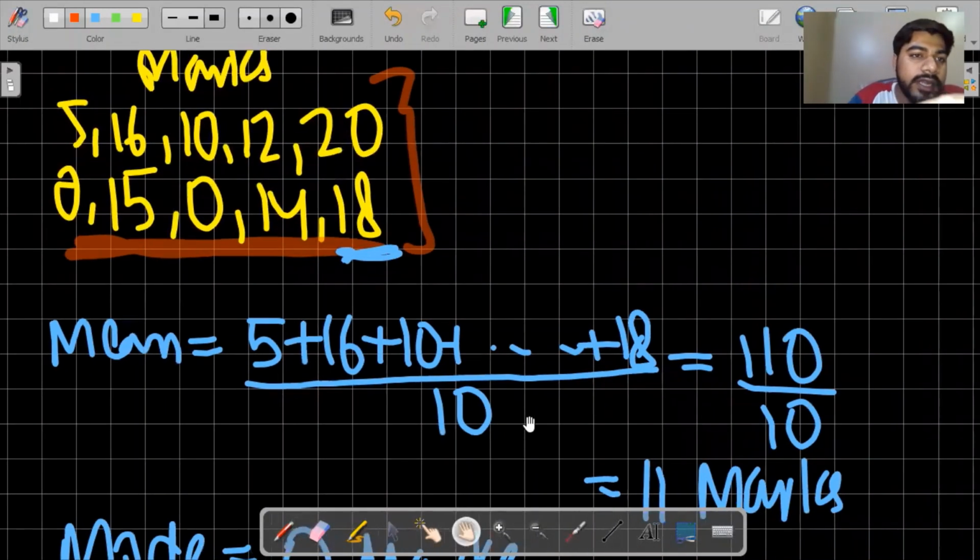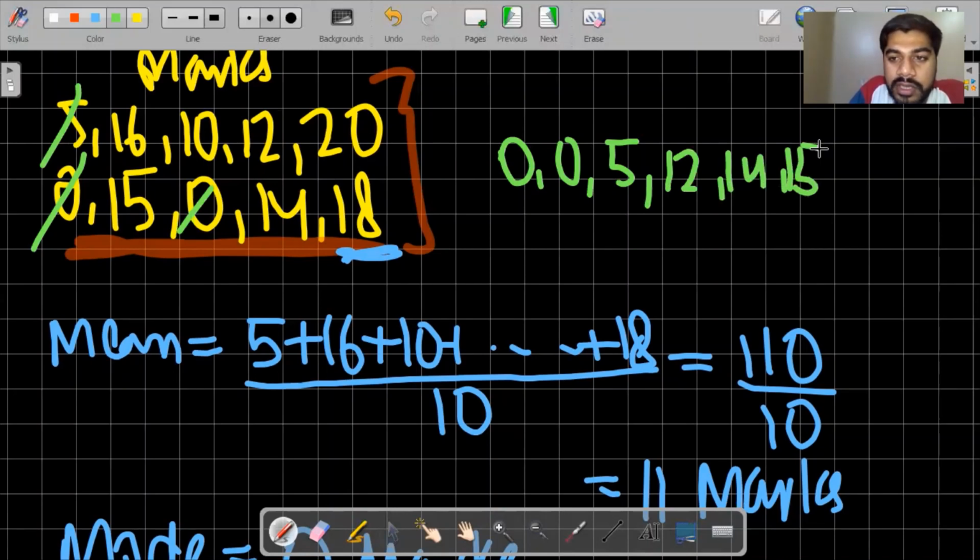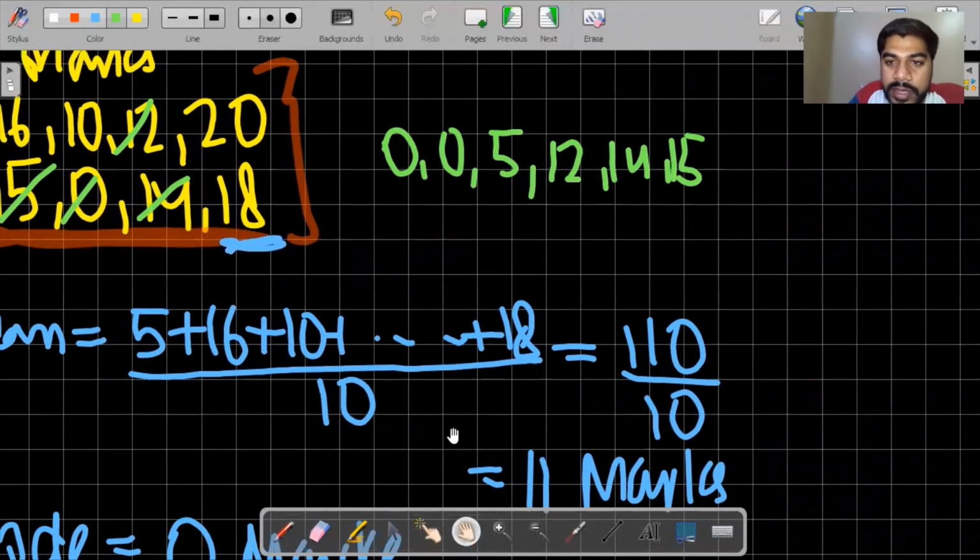And for arranging it, let me arrange right here. The least value we have here is 0, then the next value is 0. I'm just cutting whatever value I'm picking. Then 5, then 12, 14, 15, 16, 18, 20.